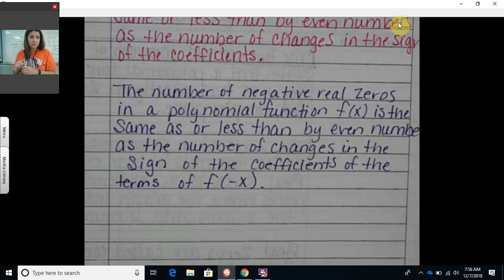So the number of negative real zeros in a polynomial function f of x is the same as or less than by even numbers as the number of changes in the sign of the coefficients of the terms of f of negative x.